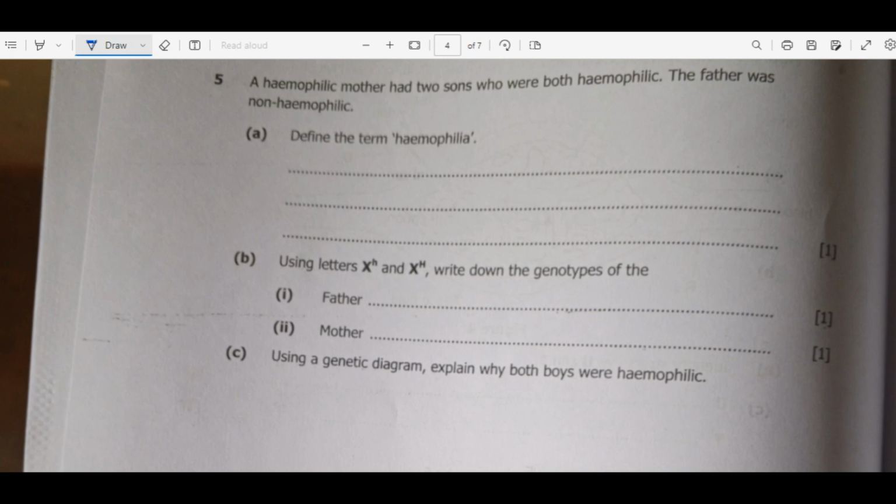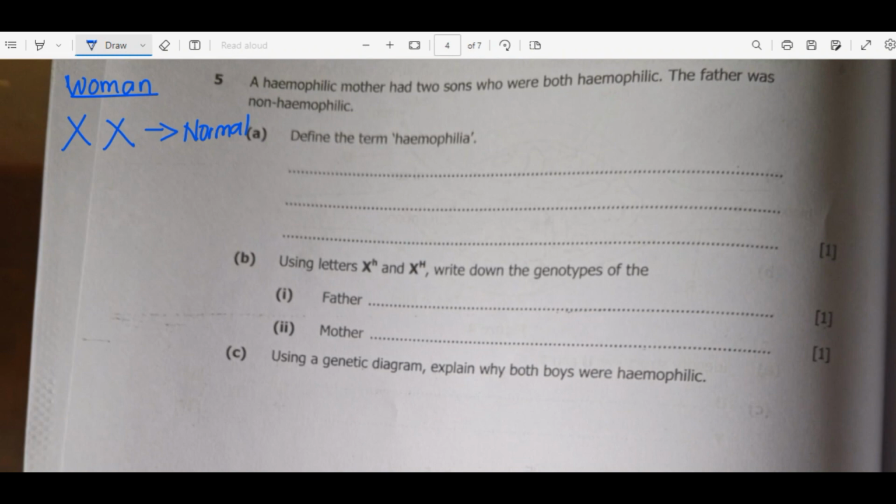Now, let's give a genotype, and we are going to use hemophilia. Let's begin with a woman. For a woman, we know that we are going to have XX. If the question says the woman is 100% normal, what do we expect?